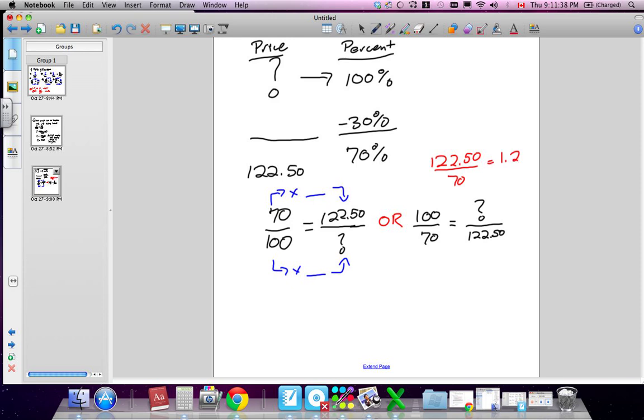So you need to multiply by 1.75. On the bottom, what will I have to do? Multiply by 1.75. All right, let's do it.